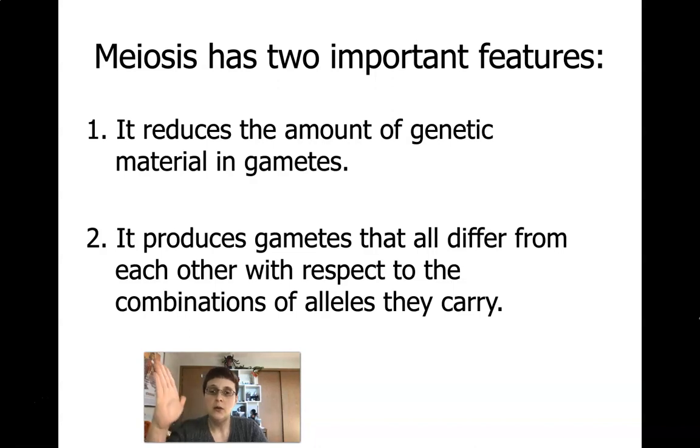So one, we're reducing the amount of genetic information, and two, we're getting genetically different gametes at the end. All right, so the next video is going to take you through meiosis just like mitosis.